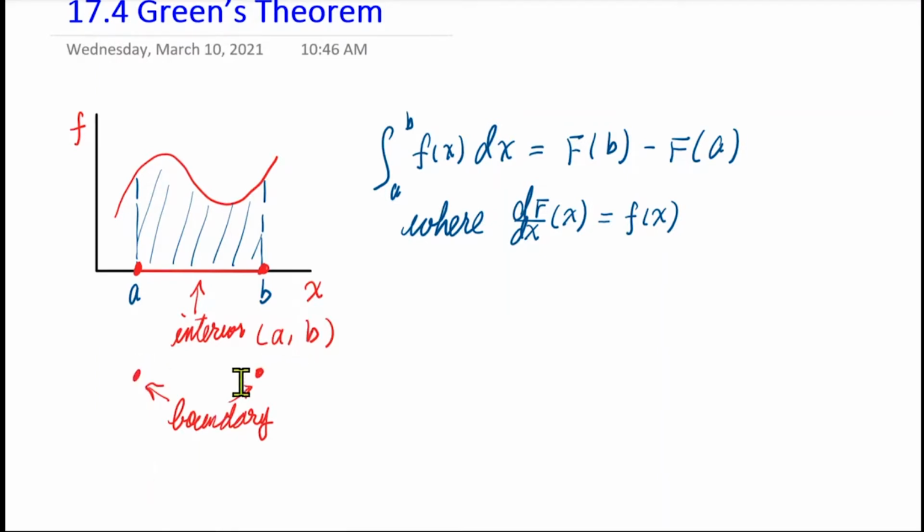The interior plus the boundary gives you our closed interval a to b. So our closed interval a to b is equal to the interior union the boundary. That's a very big deal. We kind of overlooked it last year, but now when we talk about Green's theorem, this is a big, big, big deal, okay?